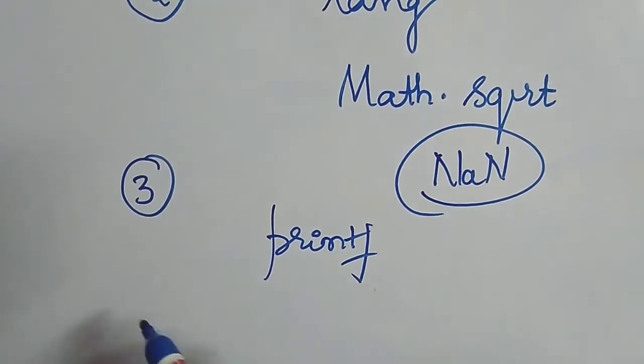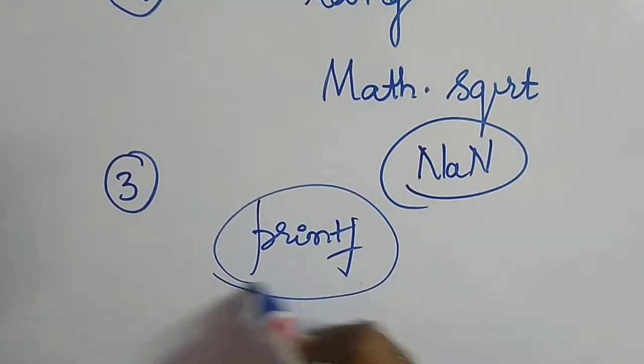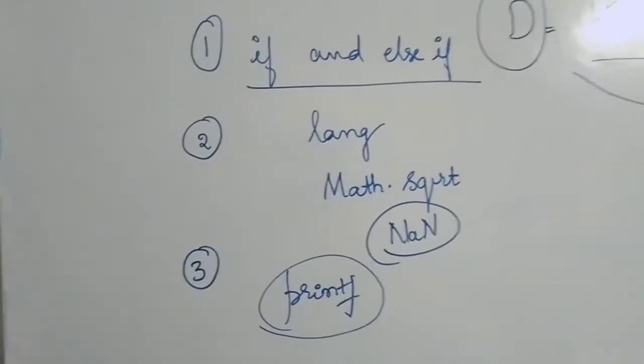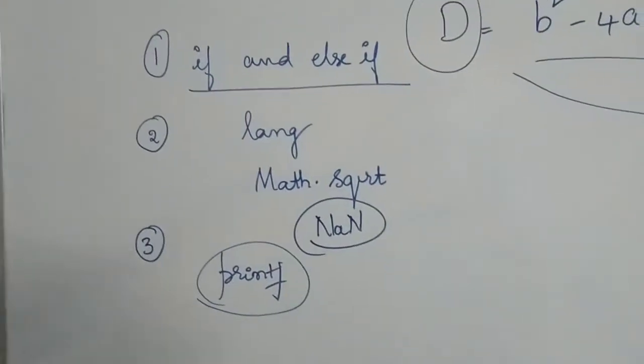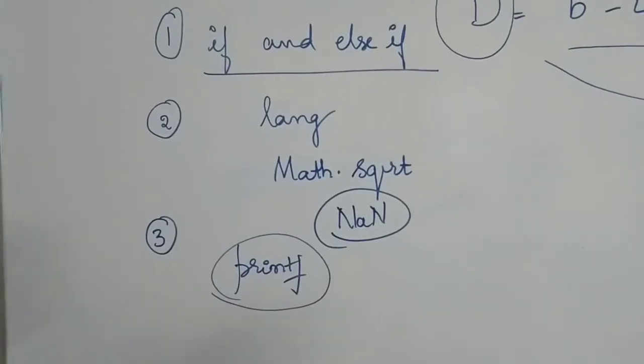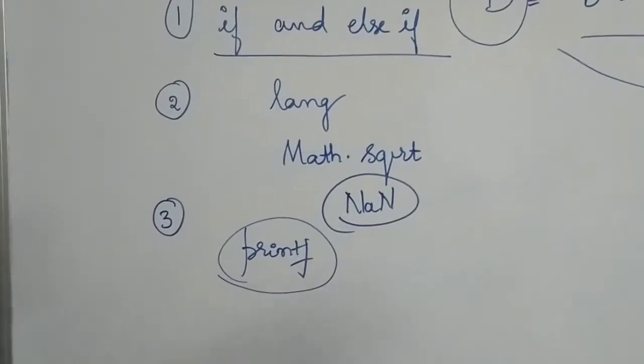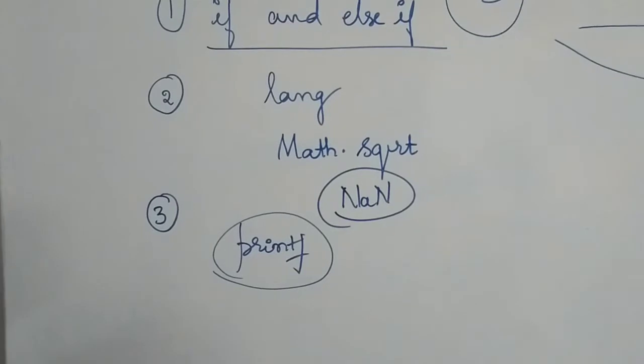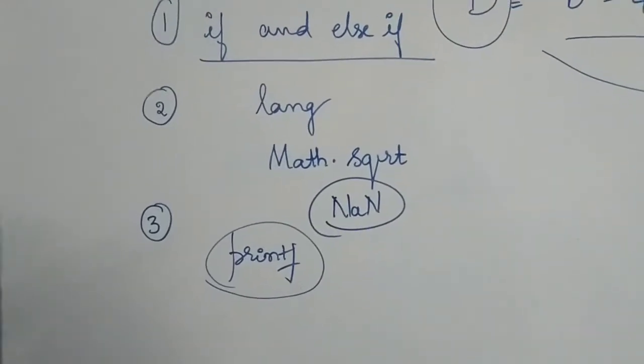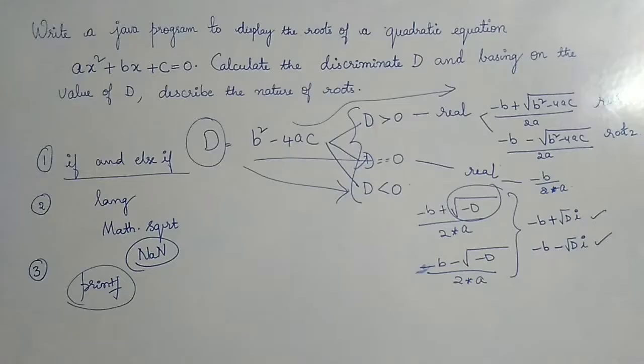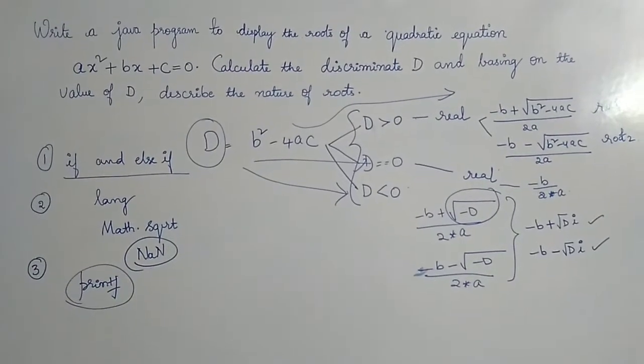I'll be using System.out.printf to format the output accordingly. I'll decide how many digits after the decimal point I need. That facility I have using the printf function. So with this knowledge, let us write the program.